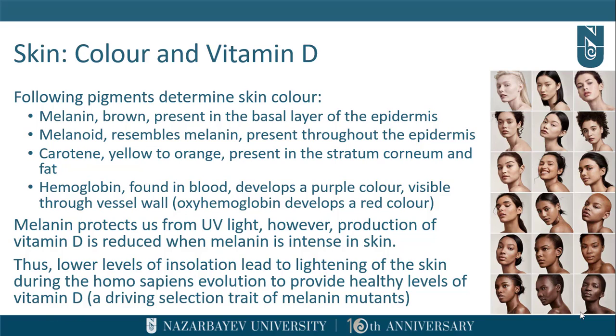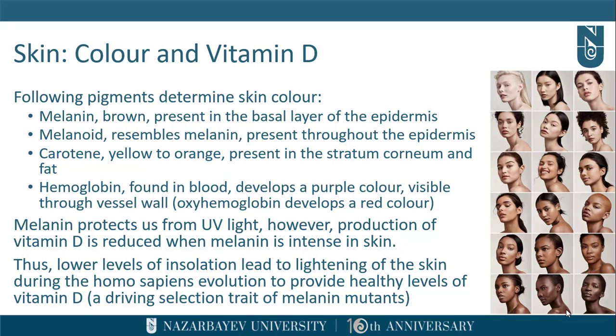We have different complexions in people worldwide. 80% of people in the world have pigments in their skin, and we can see here that we start with the pale skin going to the dark skin, and you can see different tones of complexion in the world population. So what determines the skin color?